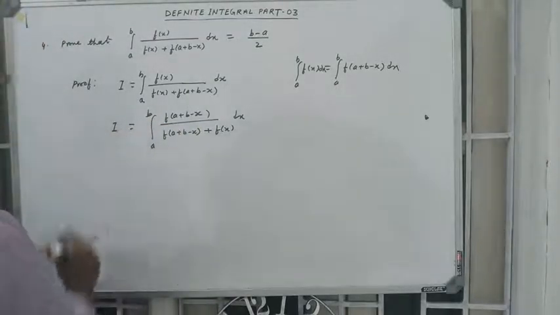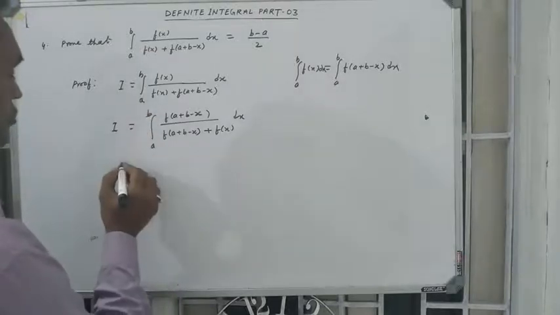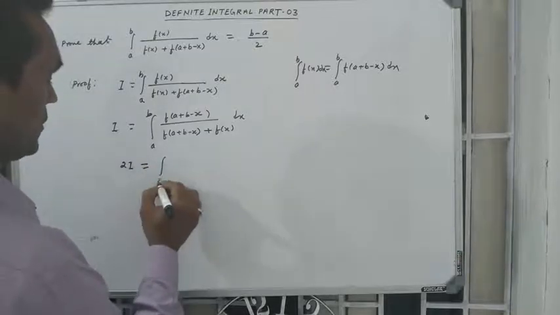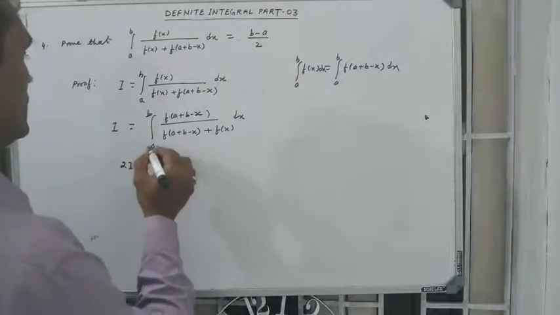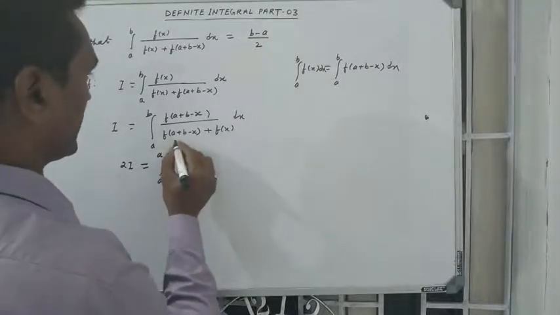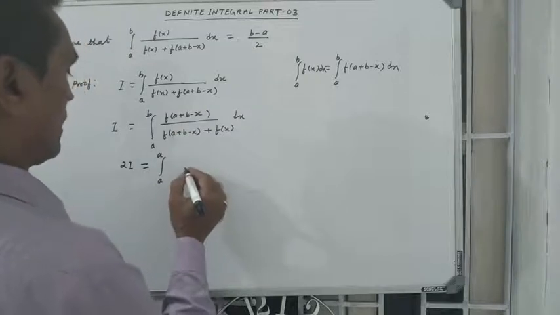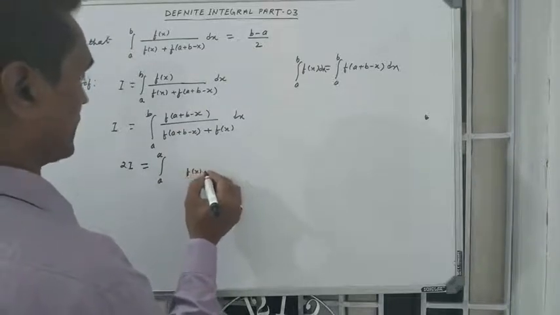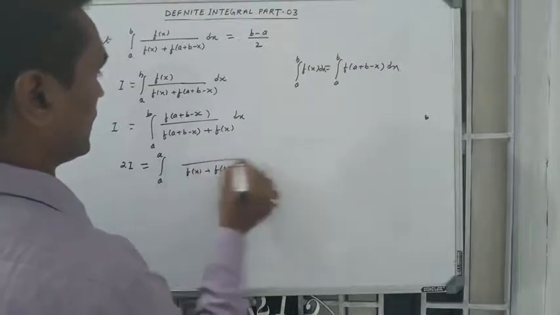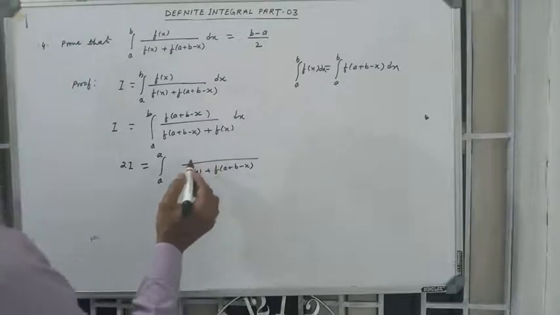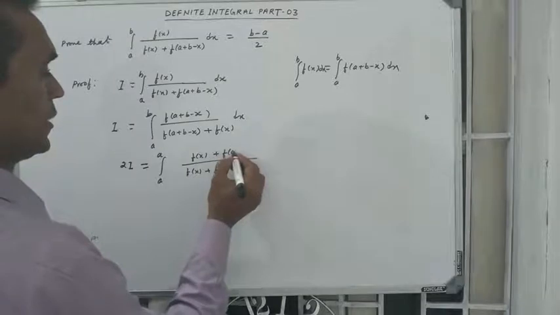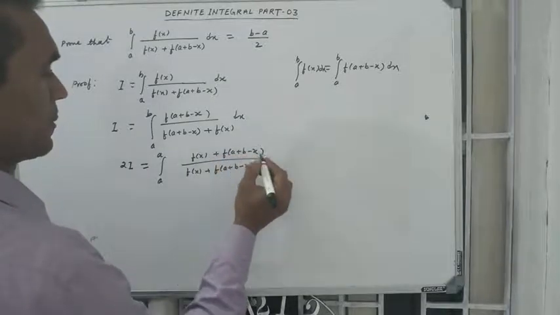This is also equal to I. So adding these two, you will get twice I on the left side, and on the right side the limits of integration are the same, a to b, and the denominators are the same, so the numerator will be f(x) plus f(a plus b minus x) over f(x) plus f(a plus b minus x).